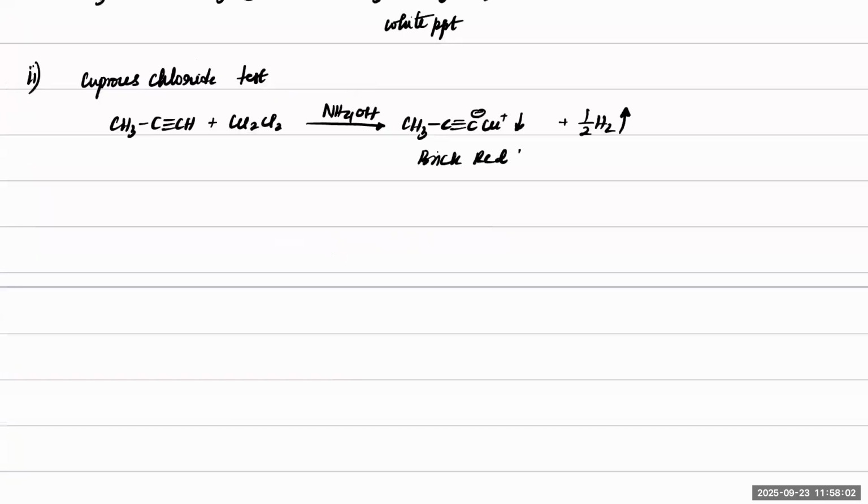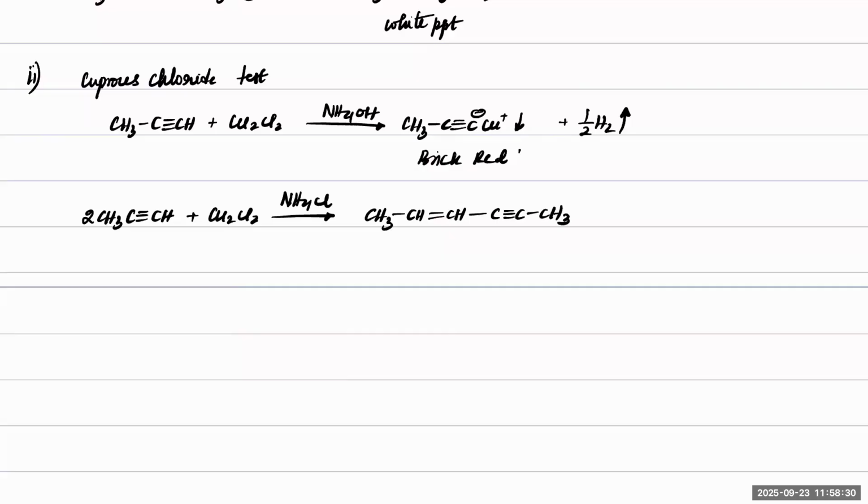Another interesting fact here is, if I take 2 moles of CH3C triple bond CH with Cu2Cl2, but this time in the presence of NH4Cl, then instead of going for this reaction, it will go for dimerization. So you will get something like CH3CH double bond CH connected to C triple bond C CH3.